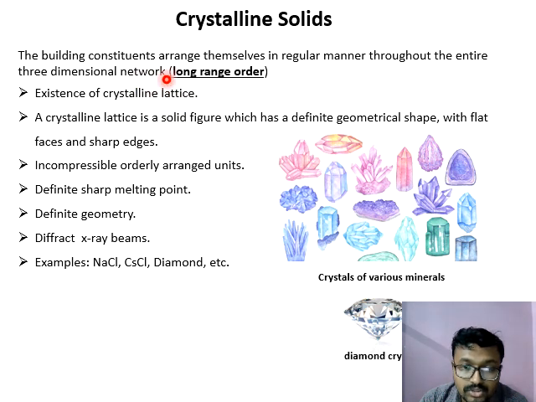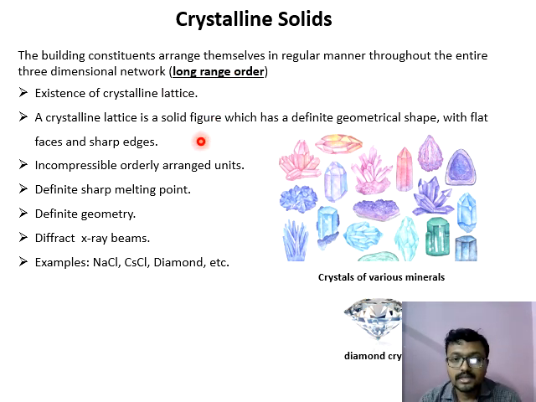In solid material, all the atoms are attached through strong intermolecular force, in a three-dimensional network. It means the building units of solid material are connected with each other by strong intermolecular force, and that force is a long range ordered force.